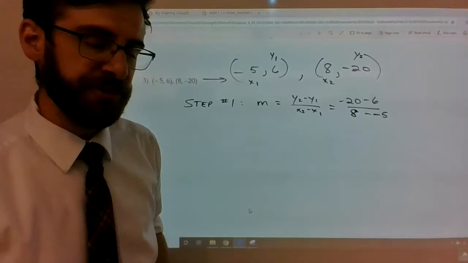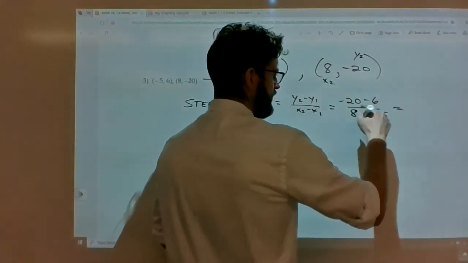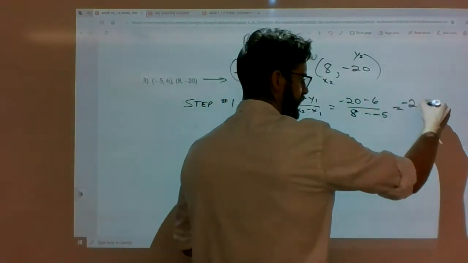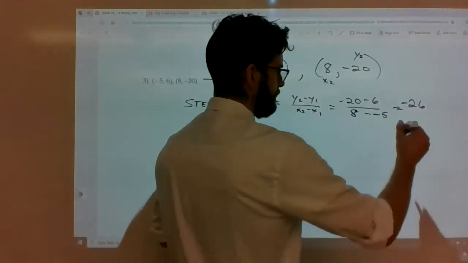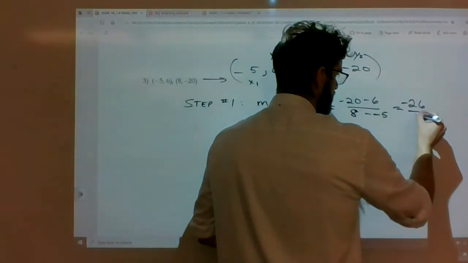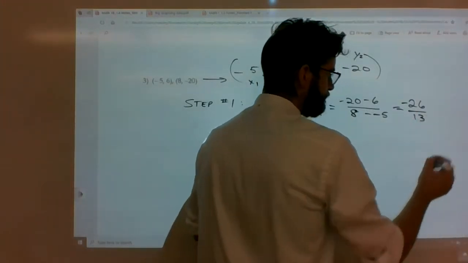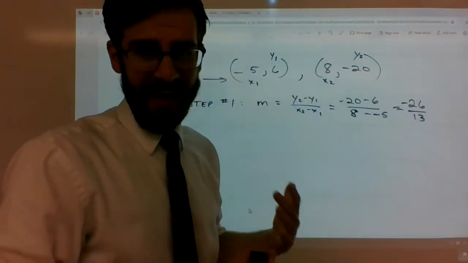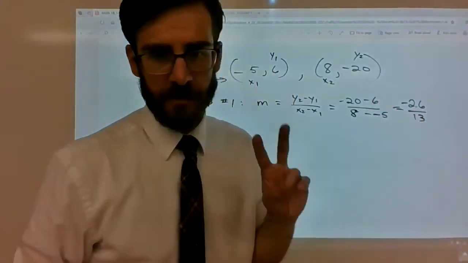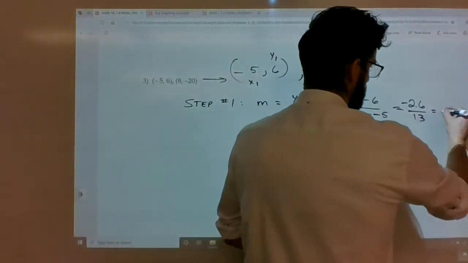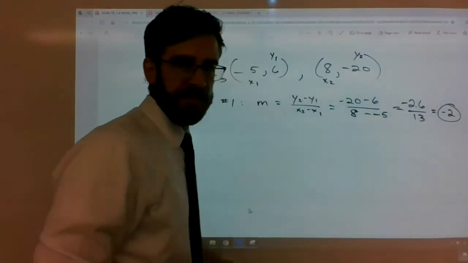So try not to fall in that trap. Negative 20 minus 6 is negative 26. 8 minus negative 5 is 8 plus 5, which is 13. And 13 is exactly half of 26. So 13 goes into 26 2 times. So m is negative 2.